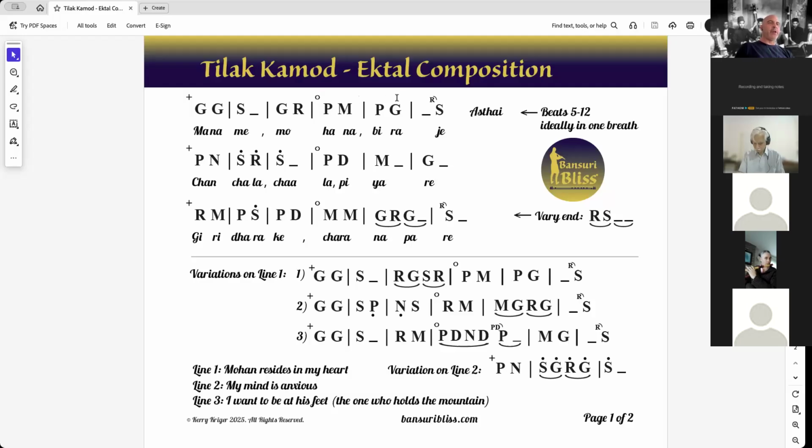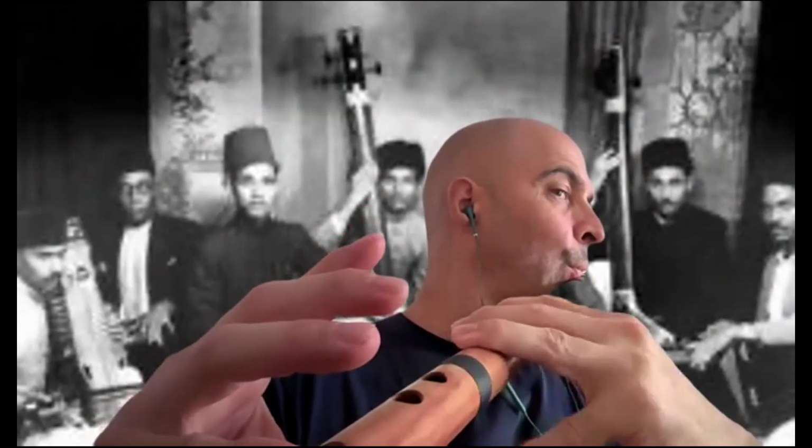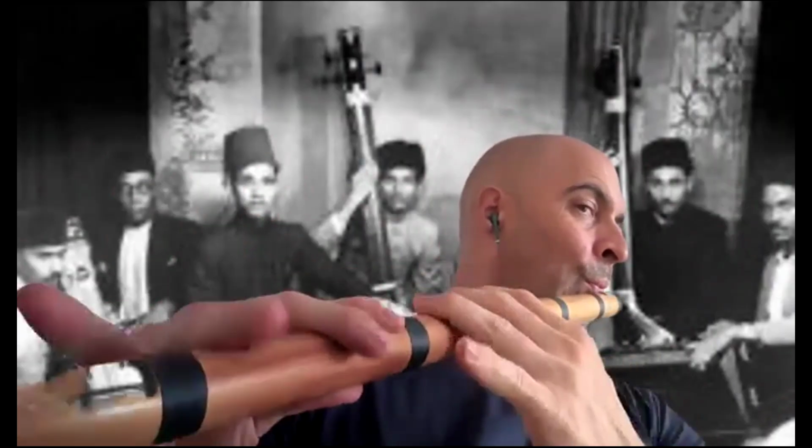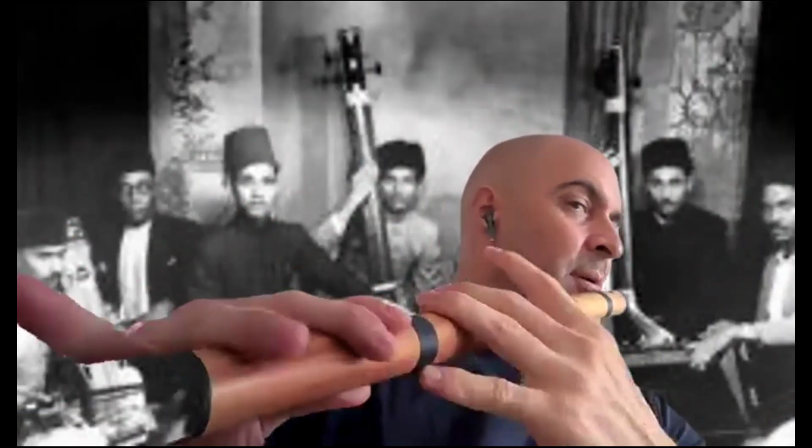The next 4 beats we can use da on every one of those notes. And then as written here, just a re sa to slide down to the ga. Da pa, da ma, da pa, da ga.